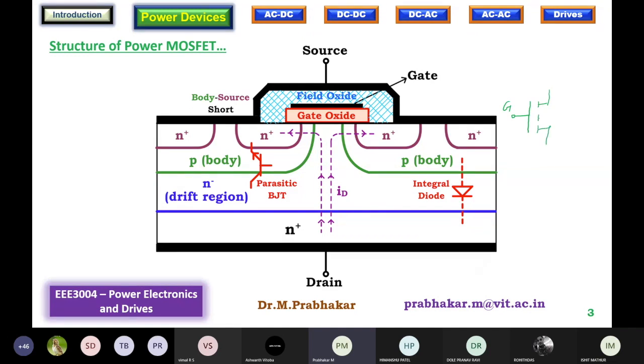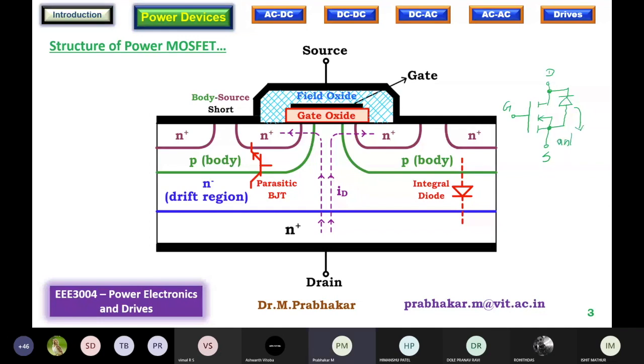If you look at the structure, from the source to the drain, there is an anti-body diode. So this is another way of representing the MOSFET when the anti-body diode and its effect is going to be more pronounced.